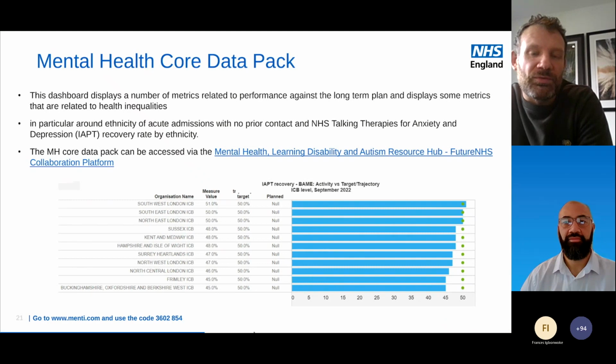So for the example shown in that chart below, it does let you compare across areas at ICB level to see how our area compares to others on those measures, and give you a sense of whether there are opportunities to improve. Next slide, please.